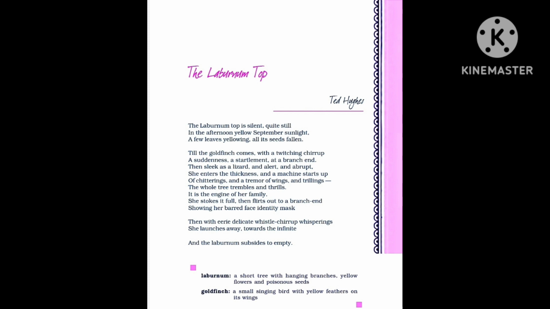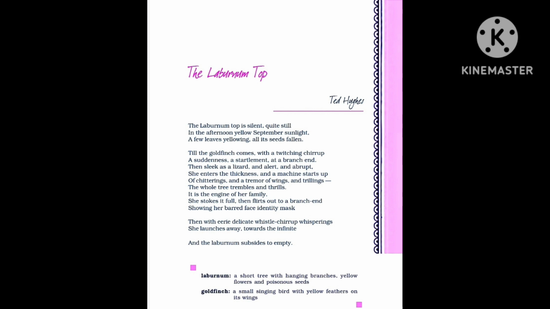All the movement started: the chirping of birds, trilling, shaking of the tree, and the excitement. It is the engine of a family. I already told you the goldfinch is like an engine of a family, and when the engine starts, the whole machine starts working. So she was the head of the family.